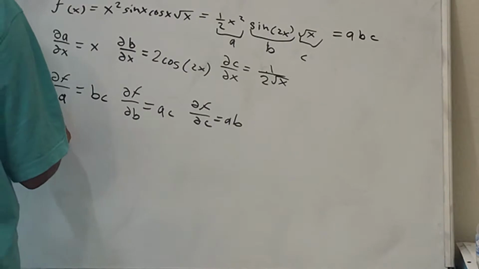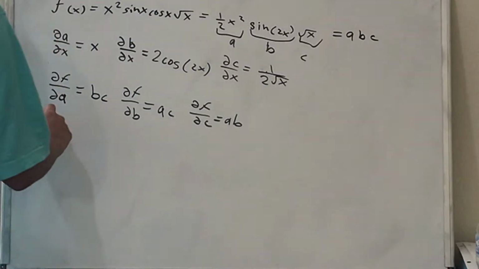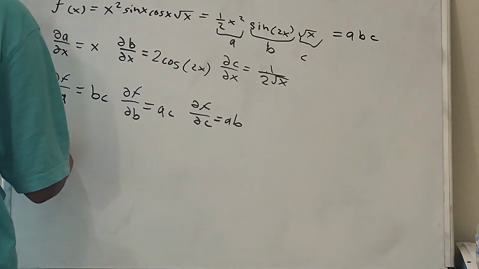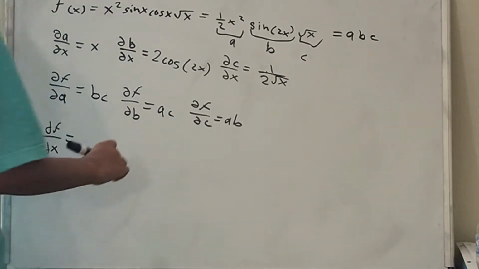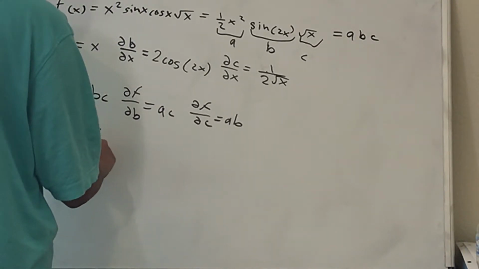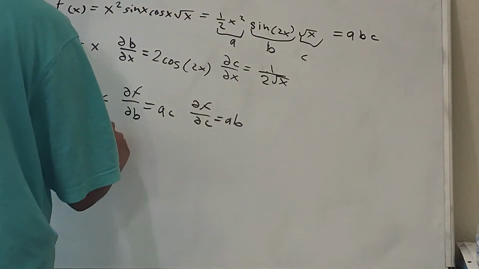Okay, so why did we do all this? Now, what we can do, we can apply the multivariable chain rule. So if we want to find the derivative of f with respect to x, we can take up all the partials. So here we have the partial with respect to A, but we have to get this in terms of x, so we multiply by dA/dx.